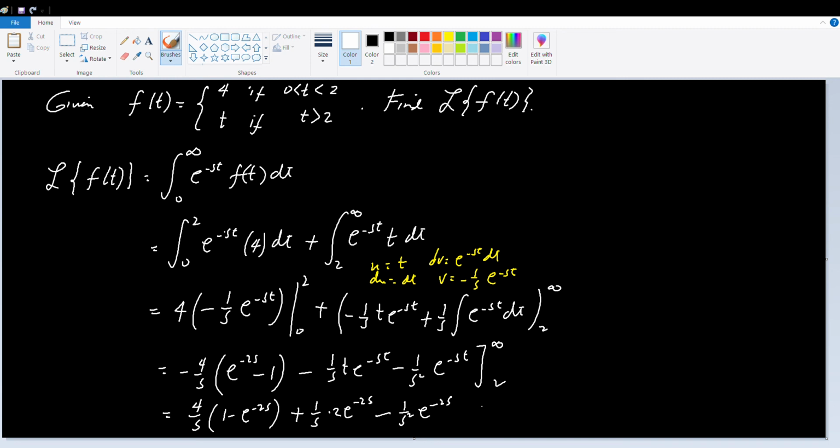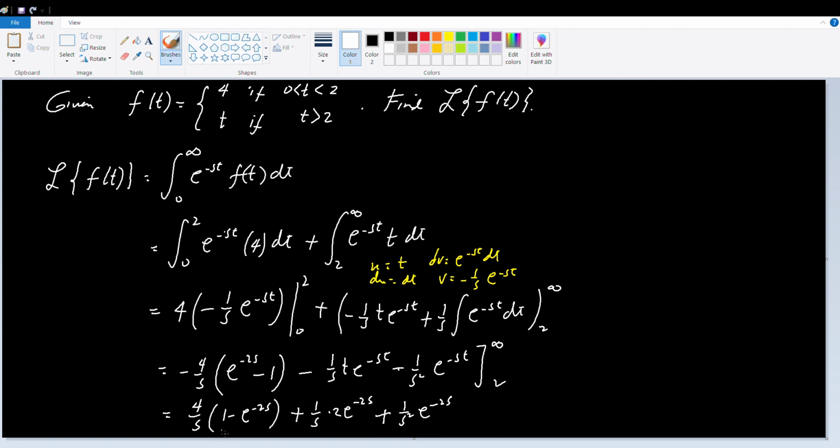For the upper limit infinity, both terms will be 0. Okay? That is for the upper limit. Then we subtract. So negative and negative, that will be positive. The same thing here, it should also be positive. No? Minus negative. So that will be positive 1 over s squared e to the negative 2s.